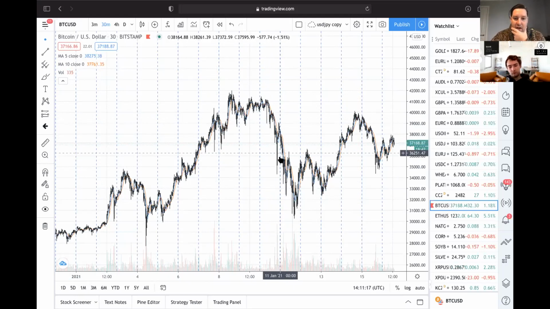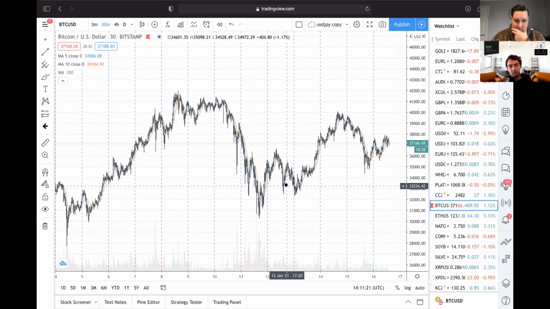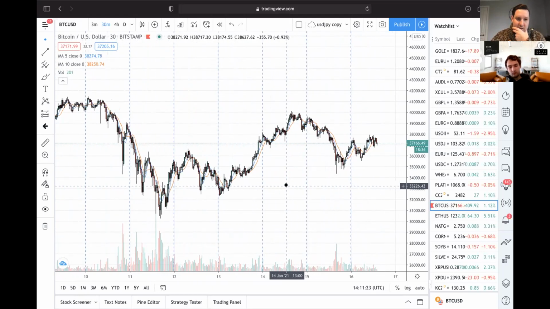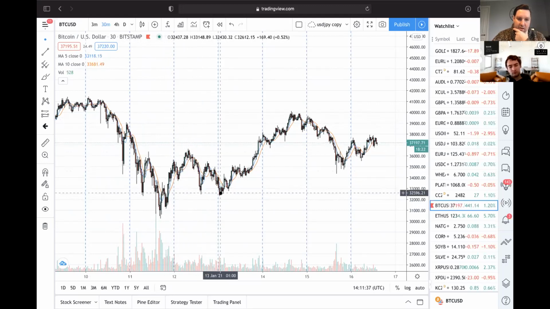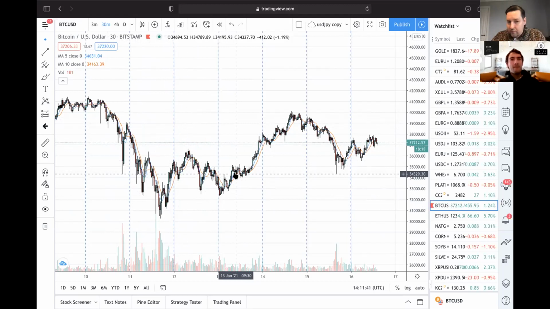So as this comes down, we don't want to be involved in it. All we're waiting to see is that turn in momentum again. So we're getting lower highs, lower lows coming down, and then suddenly we get a new high here, and we get new lows. So we can now start looking for buy-in situations again to get into this trade.